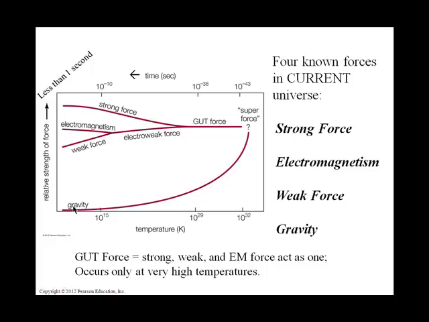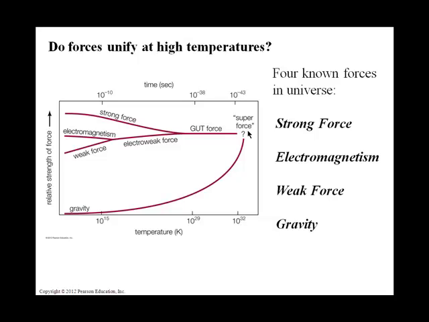Notice that the force of gravity was a lot stronger than it is today, back here at the time of the Big Bang. So there is work suggesting that maybe all four forces were unified at the time of the Big Bang.